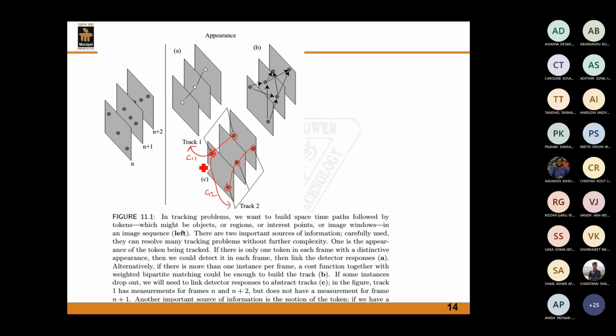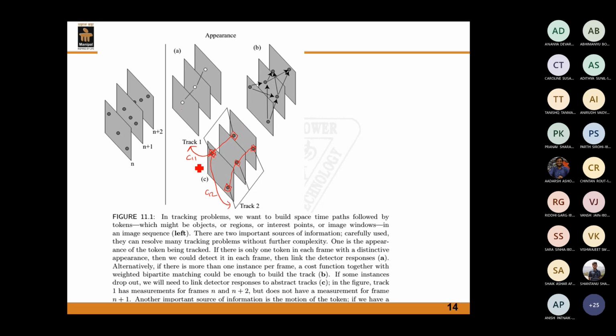So given these cost functions, if we observe this particular figure, we can easily say that this C12 cost function is going to be a high value. In the sense, if you just see this output response visually, we can say that this is for track 1, and for the subsequent frames also, when you have objects over here, you can say it all belongs to track 1.